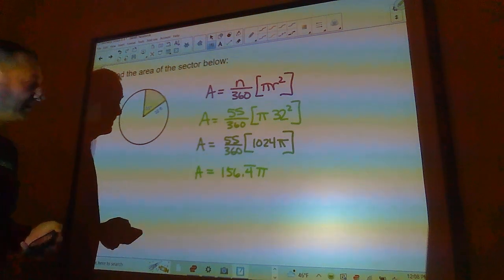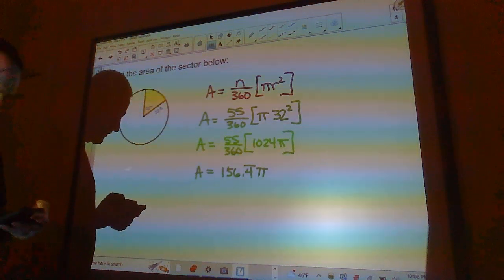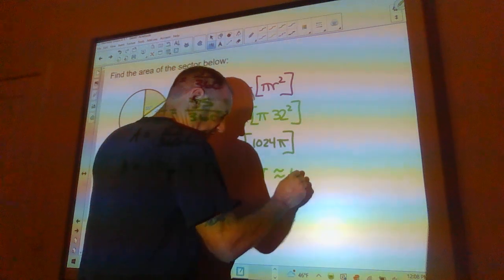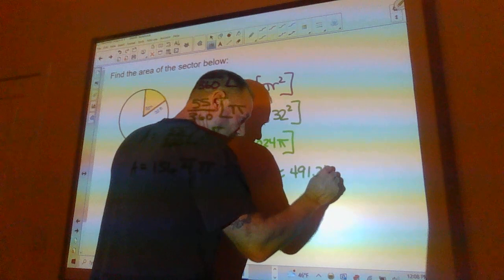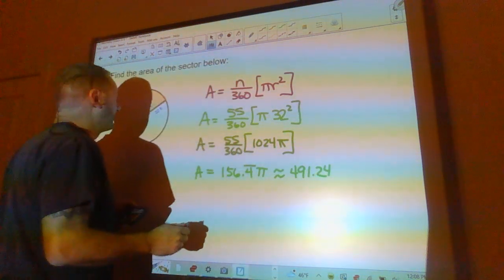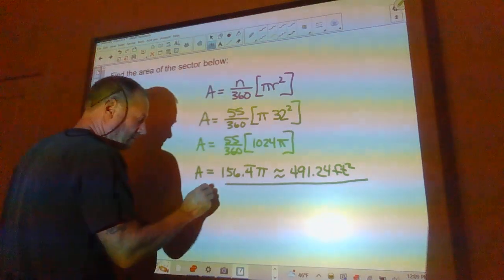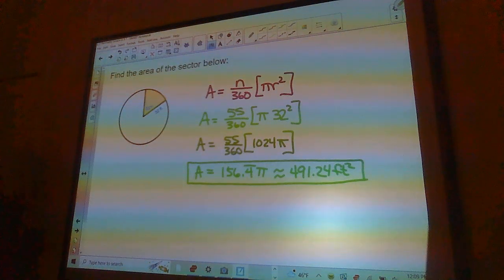So there's my exact answer, times 3.14, it's approximately 491.24, and that's in square feet. I always like to have a box around my exact and my approximate answer.